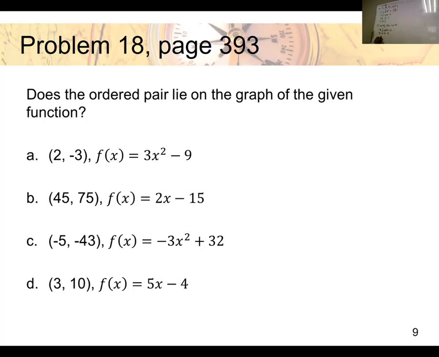And 90 minus 15 will give me 75, which is a true statement. So the ordered pair 45, 75 is a point that lies on the graph of that function, f of x equal 2x minus 15. All right, any questions about part B?